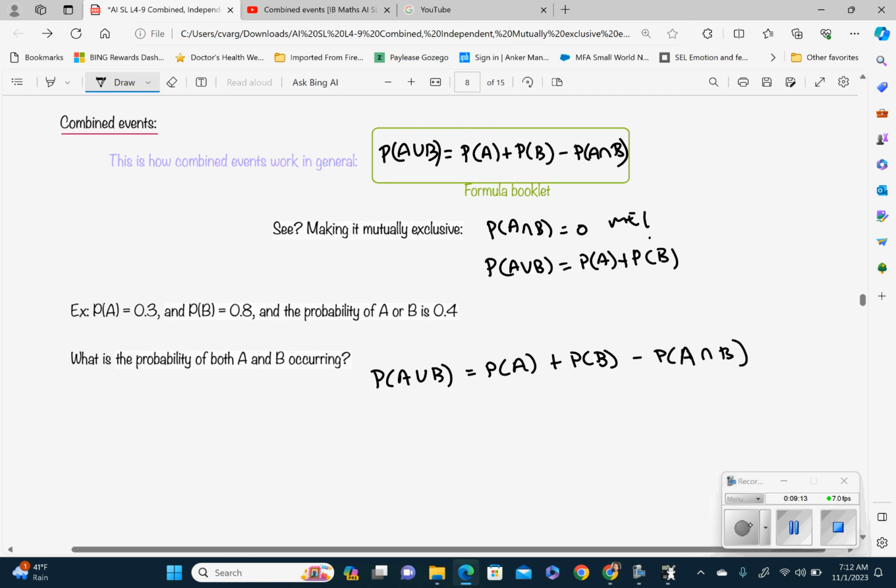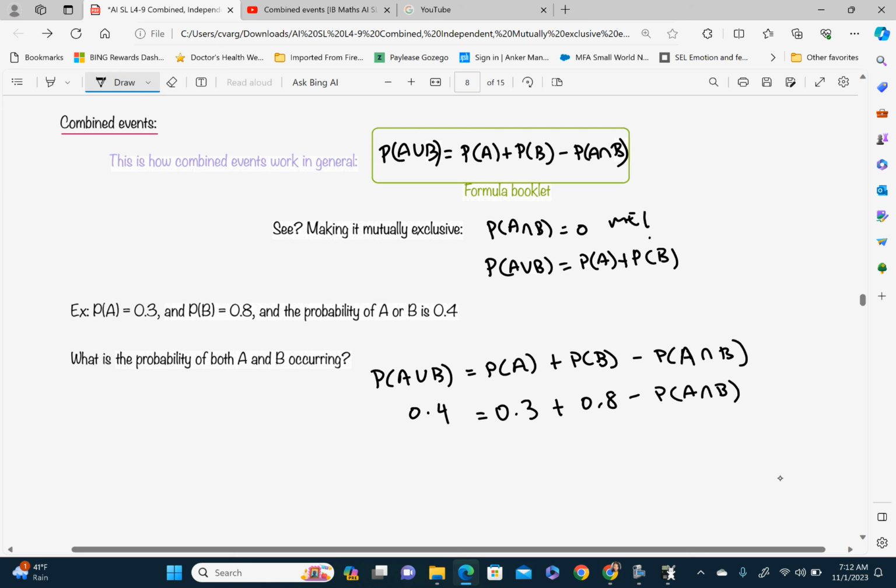That's the formula that we just got right here. And literally all you're doing now is just plugging numbers in. So probability of A is 0.3 plus the probability of B is 0.8 minus the probability of A and B. That's what we're looking for. I'm just going to leave that alone for right now. But they did give us the probability of A or B, which is 0.4, okay?